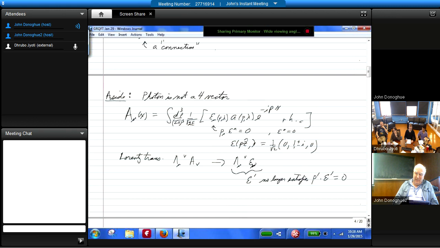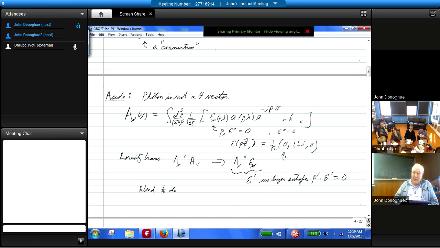Then you know the Lorentz transformation picks up a time component, because the time component of p shifts. There's going to be a piece that sits in the time part of the vector, and so it's no longer going to have that form.